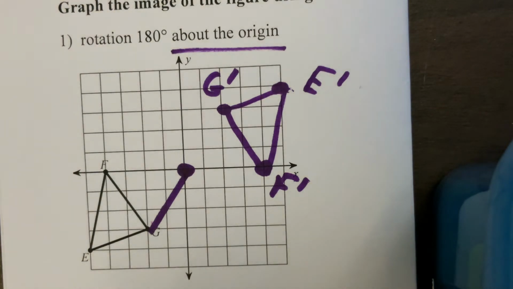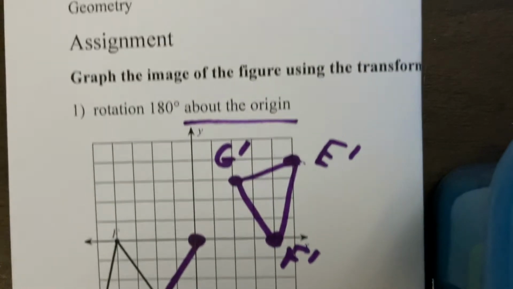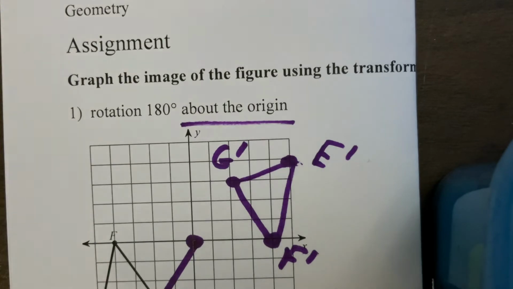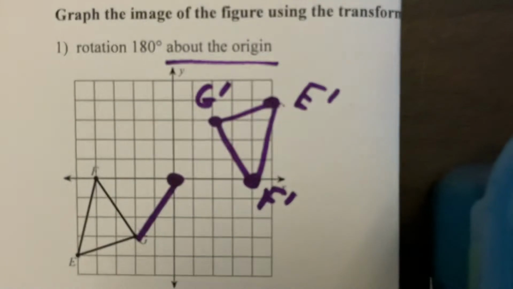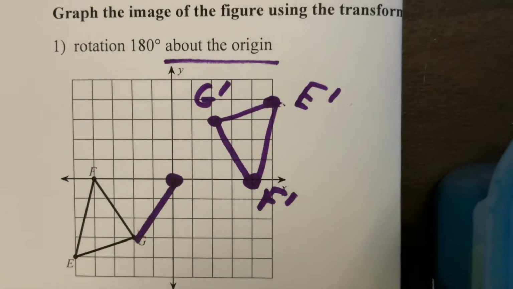Because anytime you rotate a shape, and this rule only works for a rotation 180 degrees around the origin, okay? There's a different pattern for all the others. There's a reason we're going to take multiple days to do rotations, guys, because this one's doing a lot. You'll notice in your notebook, the due date for this isn't until Monday, because we're going to keep doing this Monday. So don't get stressed, because I know there's a lot of places to screw up.